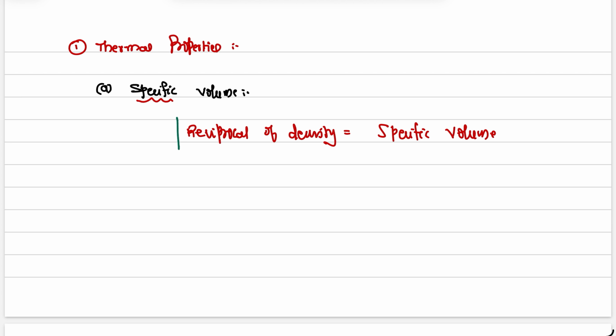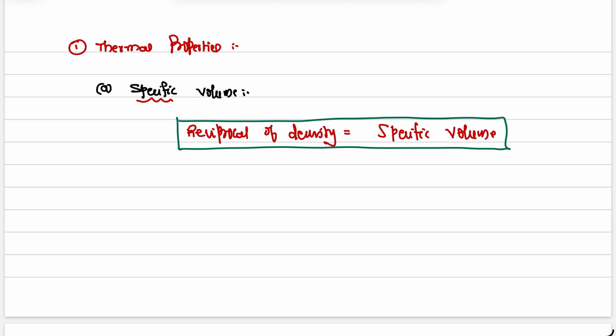Please try to relate these two. Density is rho, kg per cubic meter, whereas specific volume is cubic meter per kg, that is equal to 1 by rho. This is represented by small v.